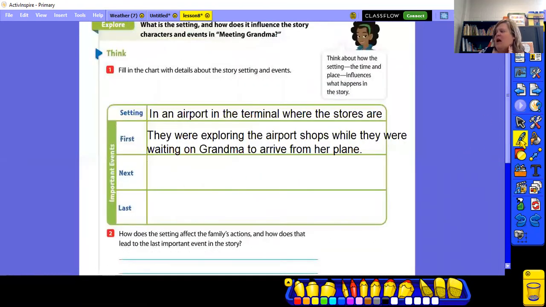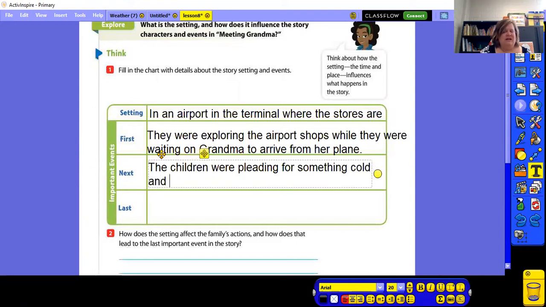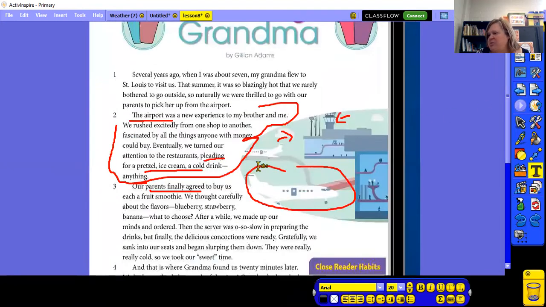So I'm going to say that my next important events that happened were the children were pleading for something cold and sweet. Well, let's make sure I use the words they use. They were pleading for pretzel, ice cream, and a cold drink.